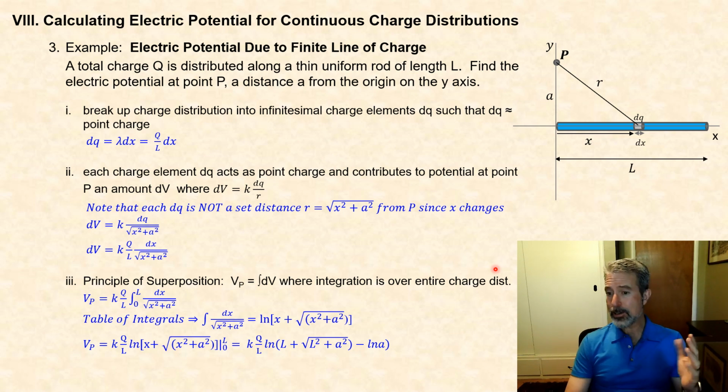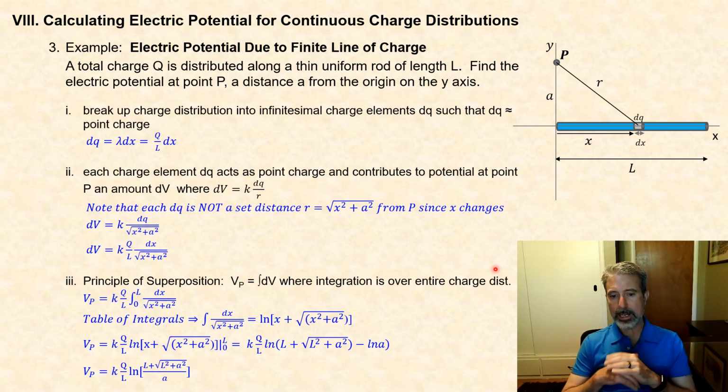Notice that we can leave it like this, or remember that when you're talking about logarithms, the difference of logarithms is equal to the logarithm of the quotient. So we could, if we want, combine those terms and write the difference of logs as the log of a quotient of these two terms. So there you have it.